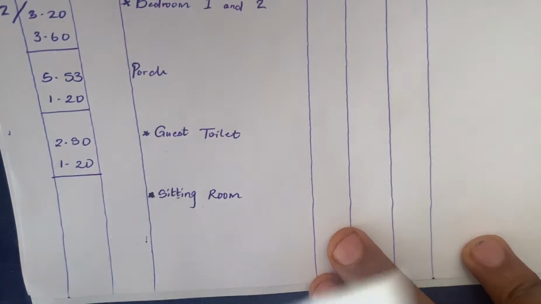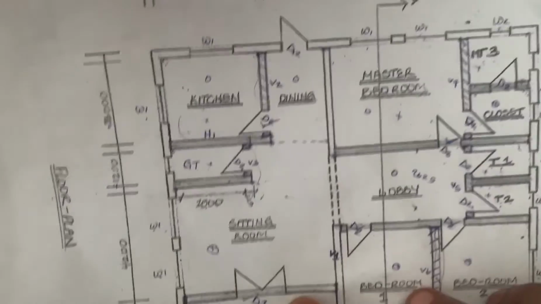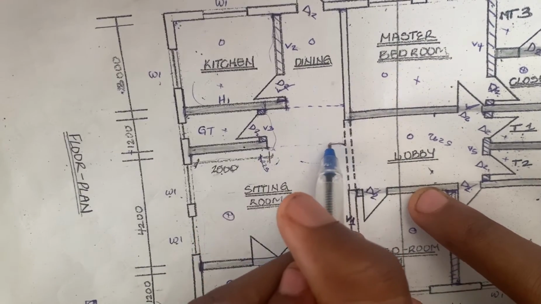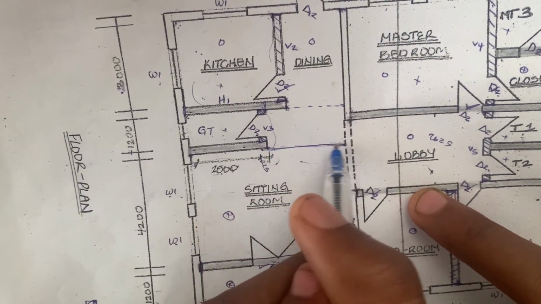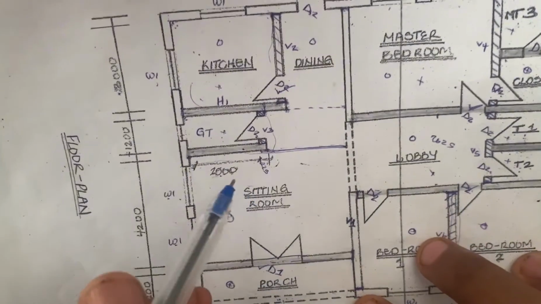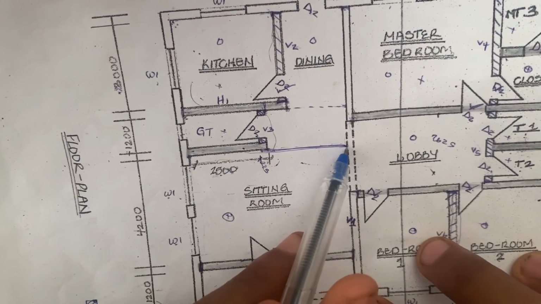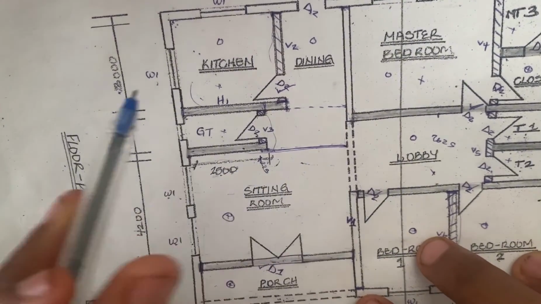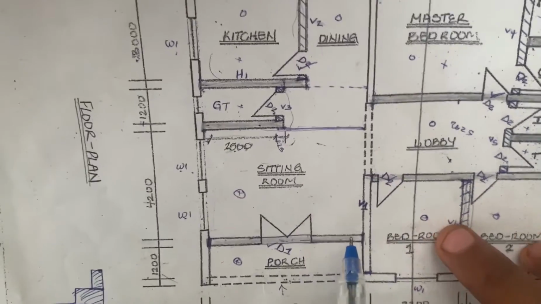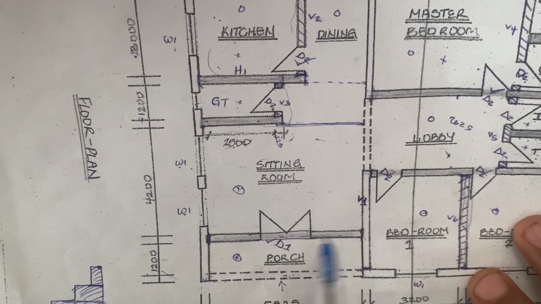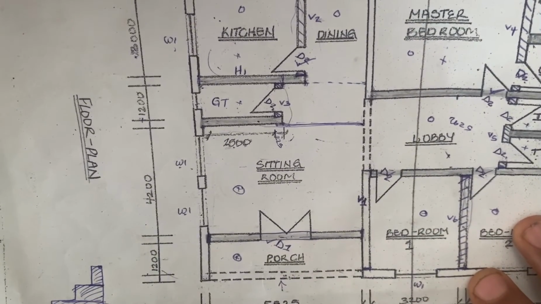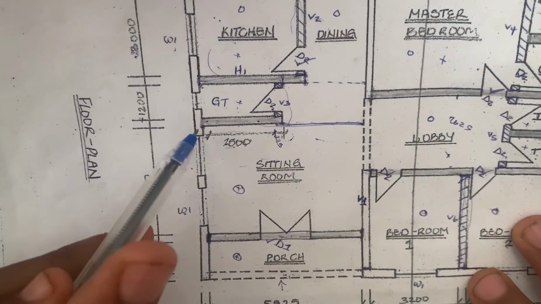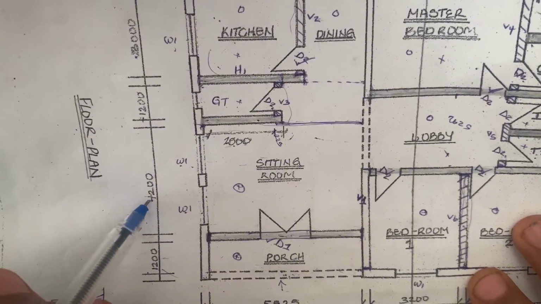So if I break the sitting room like this, it means that the ceiling would be around the sitting room area. So we know that the length of the sitting room, from here to here, is 5,525, and the dimension from here to here is 4,200.